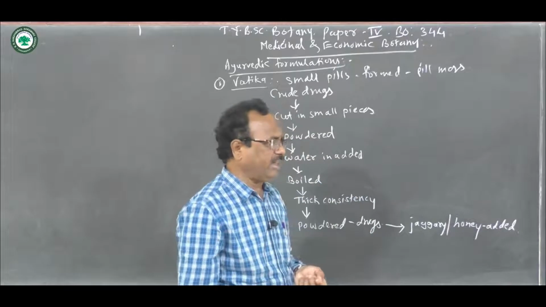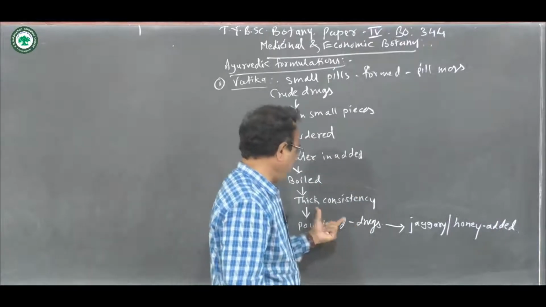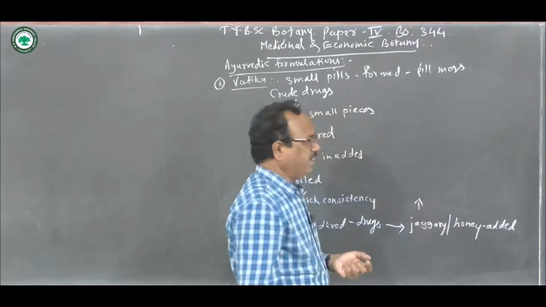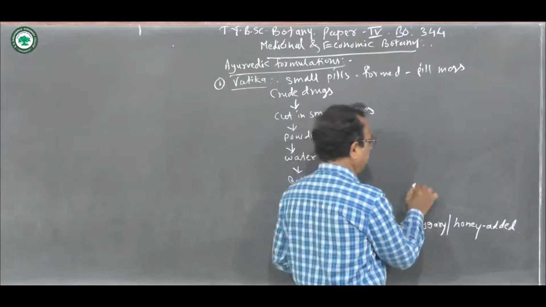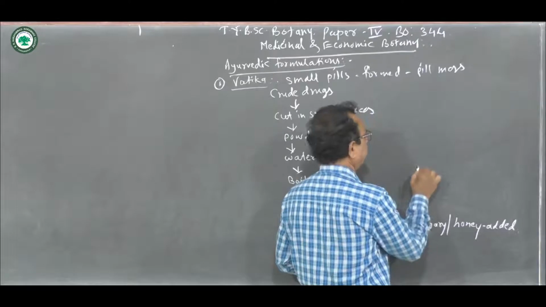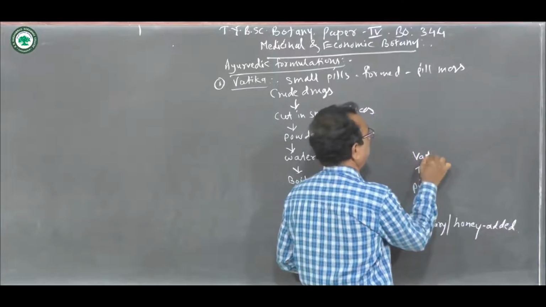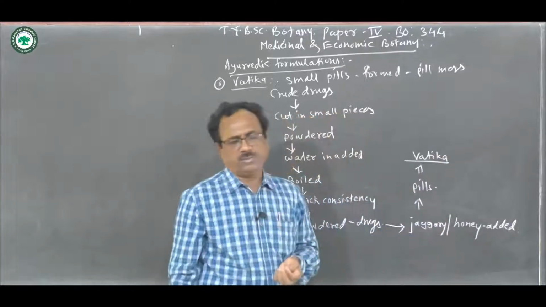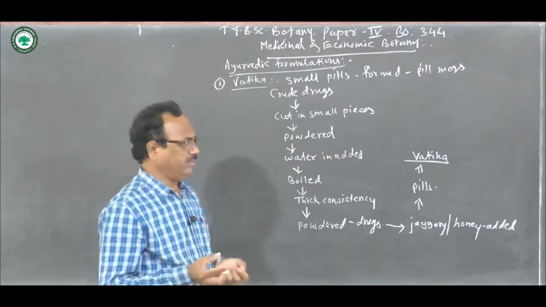Honey or jaggery is added to this powder of the crude drug, and later the small pills are prepared. Those small pills we call the Vatika.